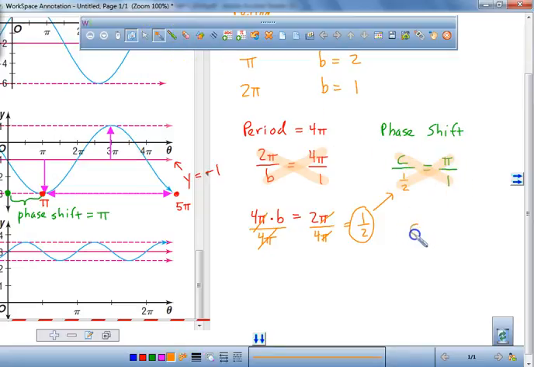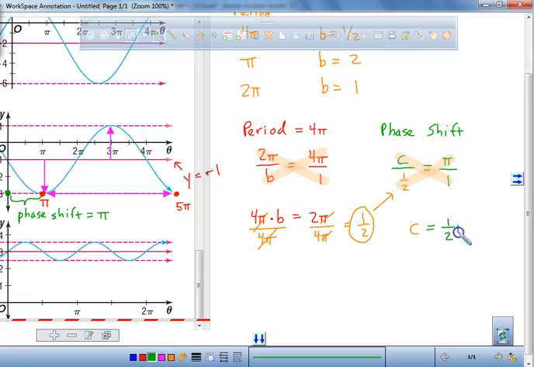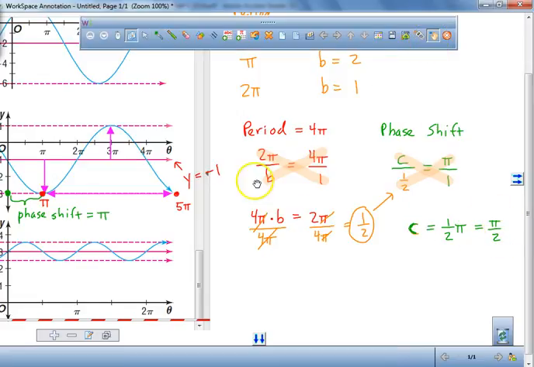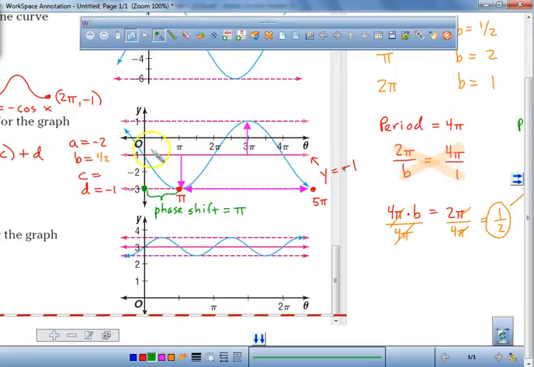C times 1 is c. Half times pi gives us half of pi. I'm going to write that as pi over 2. So our c value is equal to pi over 2. So right here, plug it in: pi over 2.